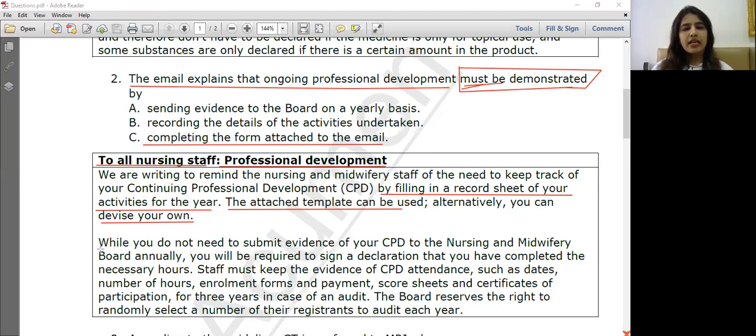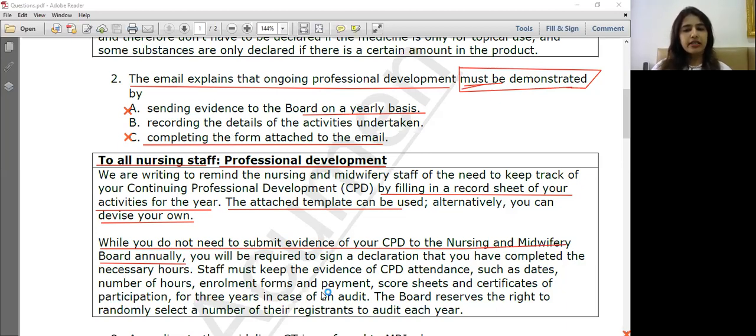Then, "you do not need to submit evidence of your CPD to the board annually". You don't need to submit annually, whereas here it says on a yearly basis. Okay? So this is how in a detail question it may happen that you would simultaneously read the paragraph, go to and fro, and simultaneously rule out the other answer choices as well.